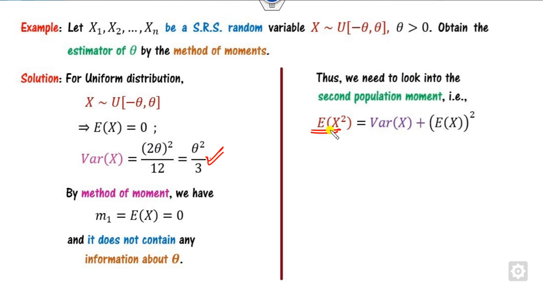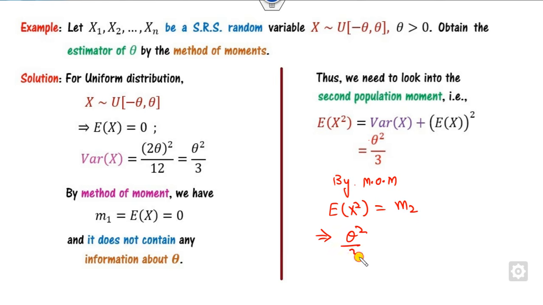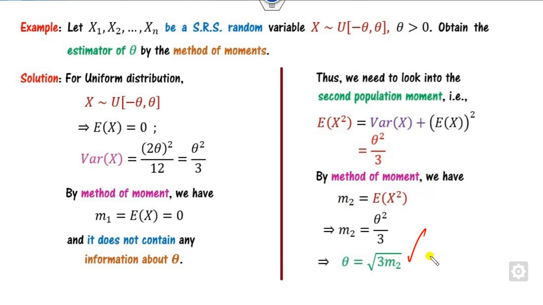We can find the value of the E of x square here, this plus 0. So therefore, by the method of moments, this E of x square is nothing but my m2. So we can substitute this value, and we can find the value of theta from here as the required answer. If you are unable to find the value of theta from here, then you have to find the value of E of x cube, but here we easily find it.